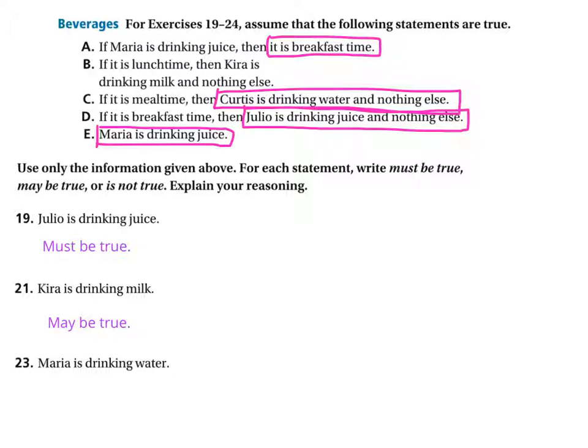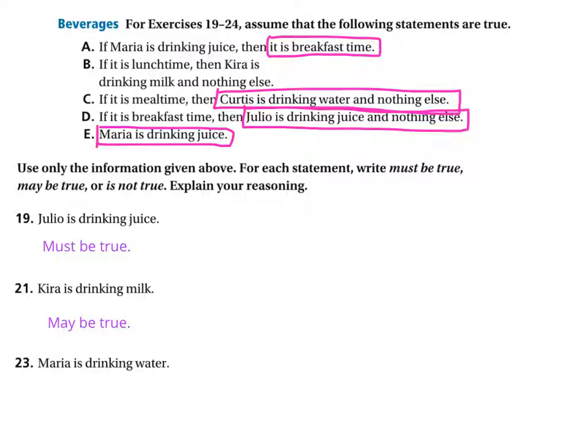And finally, Maria is drinking water. Let's take a look at that one. Well, it says in E, Maria is drinking juice. But unlike some of the other ones, like Kira, where it says if it's lunchtime, she's drinking milk and nothing else, we don't have that information about Maria, that she's drinking juice and nothing else. You can drink two things at once, right? You can have a glass of orange juice and a glass of water, and go back and forth between them.